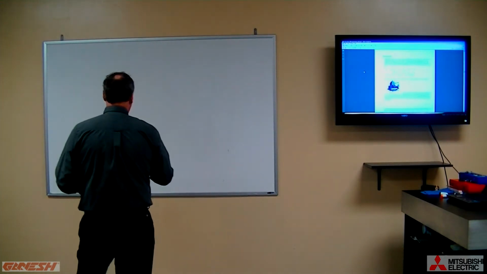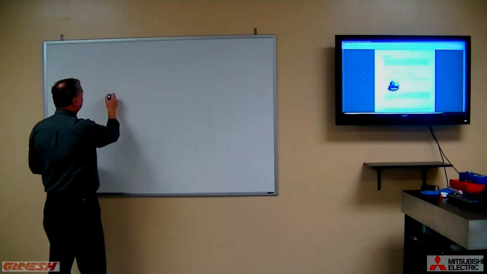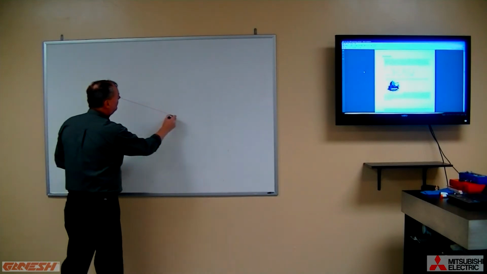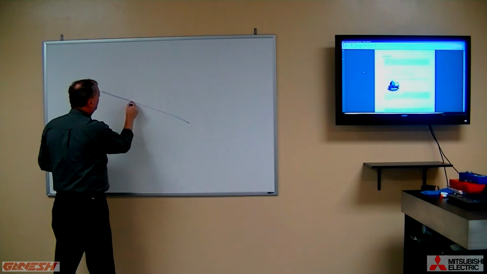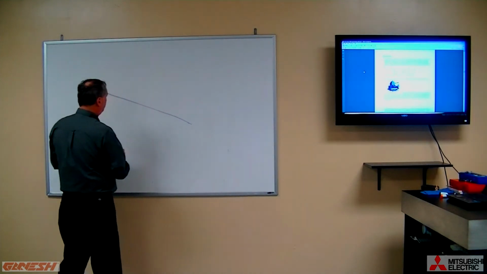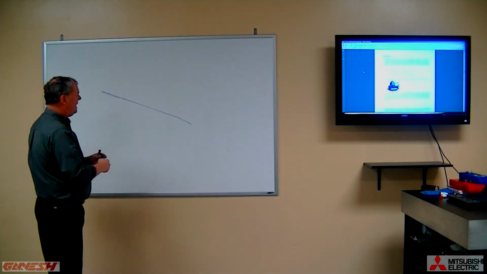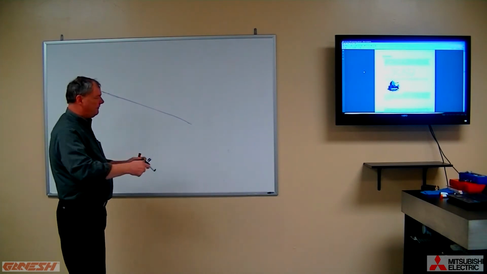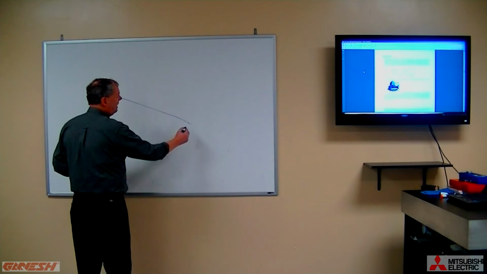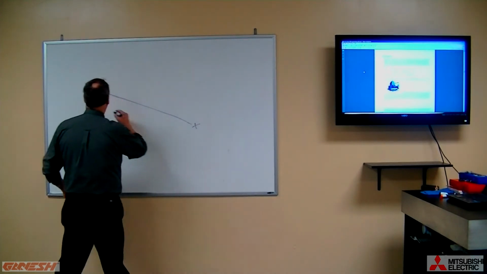Cartesian coordinate system involves movement of axes. And they are identified as, if we were to look at a Cartesian coordinate system, we would have something like our table moving back and forth in front of us along what we're going to call our x-axis.